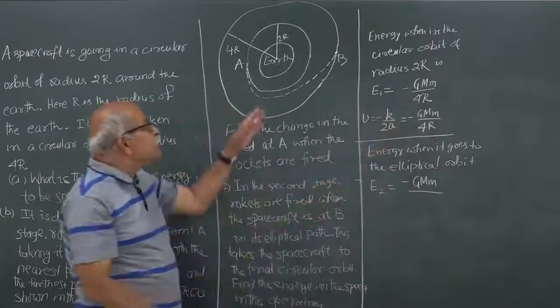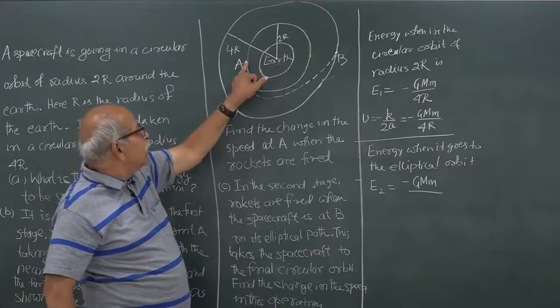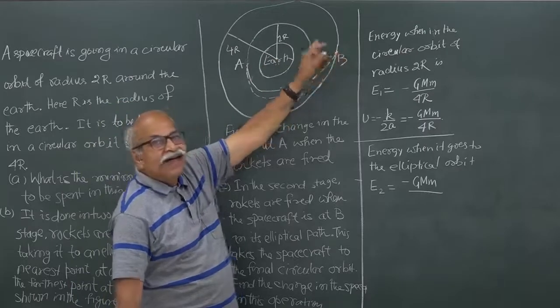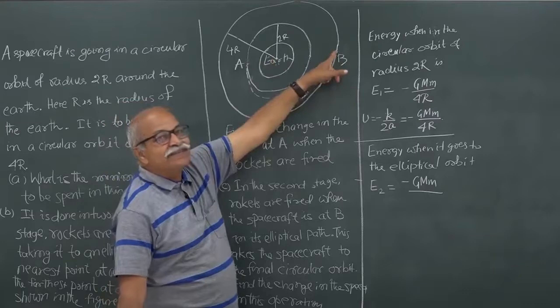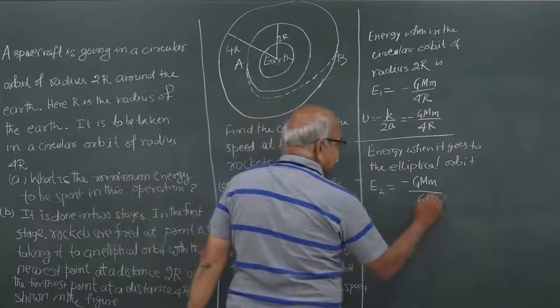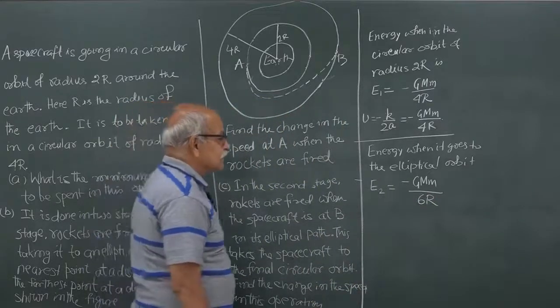What is 2a? This minimum distance here is 2r, and the maximum distance here is 4r, and the major axis is 2r plus 4r, that is 6r. So this is the energy.